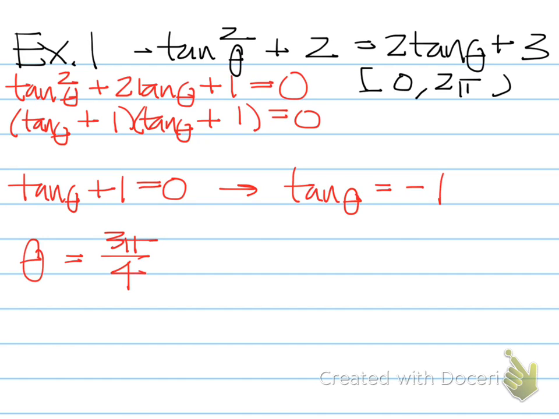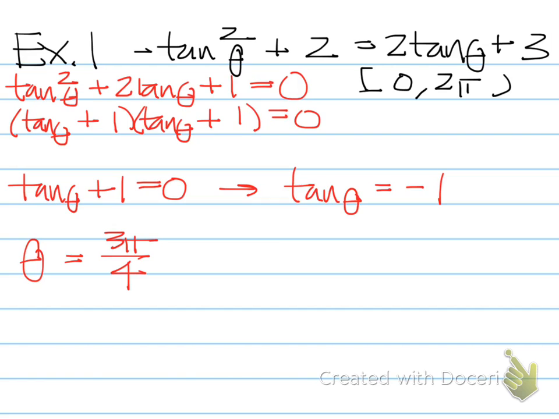On the unit circle, tangent equals -1 in the second quadrant and in the fourth quadrant. In the second quadrant, sine will be positive, but cosine will be negative. In the fourth quadrant, sine will be negative and cosine will be positive.